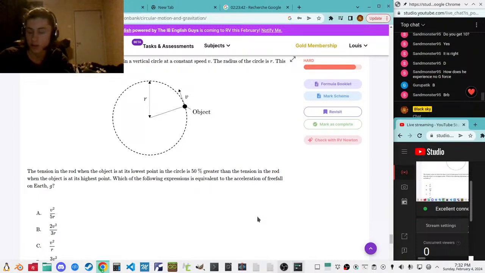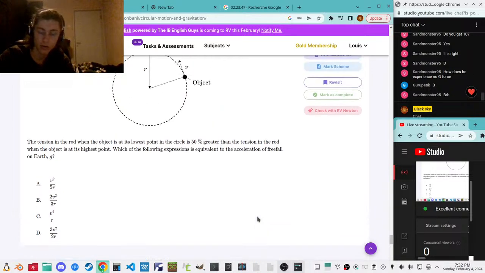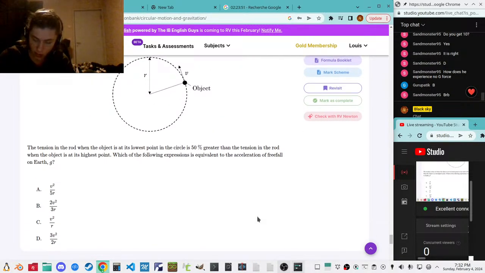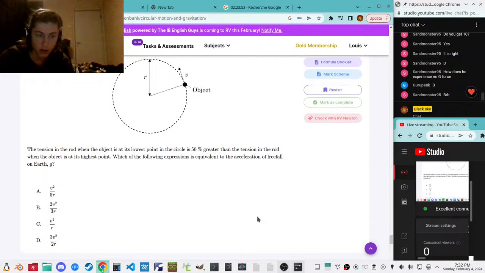But T equals mg doesn't make any sense. T divided by m. If T is this, so it's v squared over r times m. But that's probably not it.